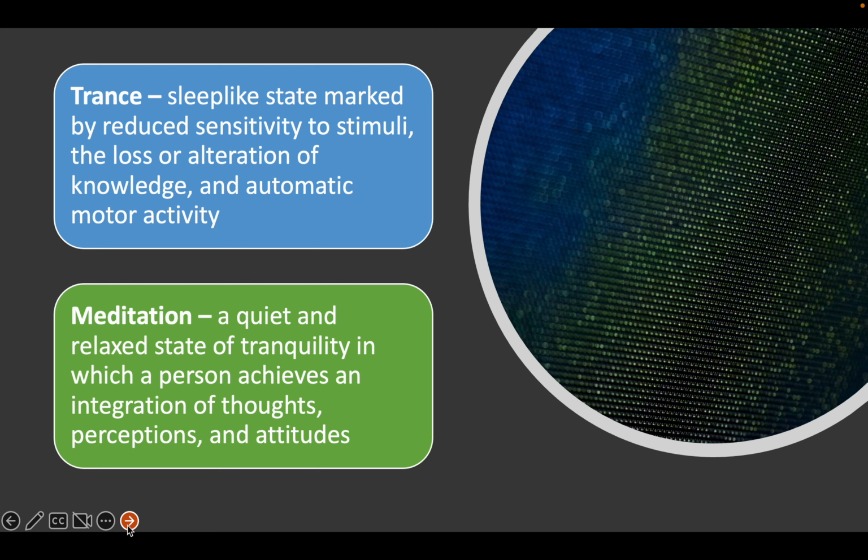There's a difference between a visionary trance, when a person experiences hallucinations, the sleep-like trance we've been talking about, and a possession trance, when a person reports that their body has been invaded or captured by a spirit.